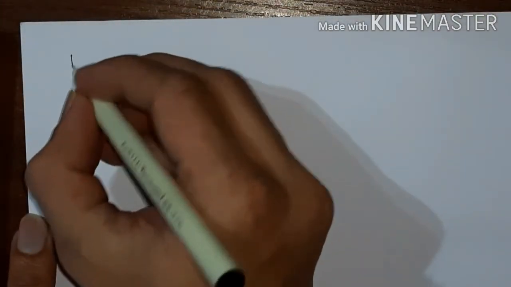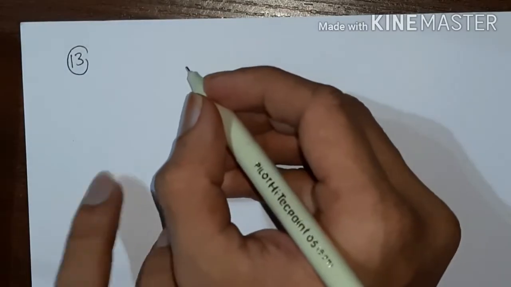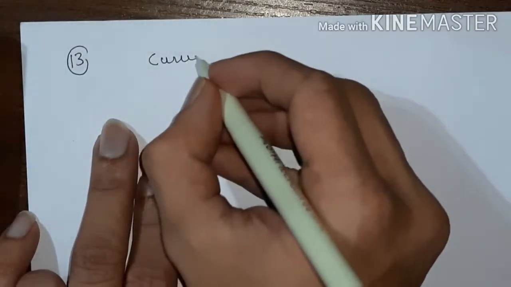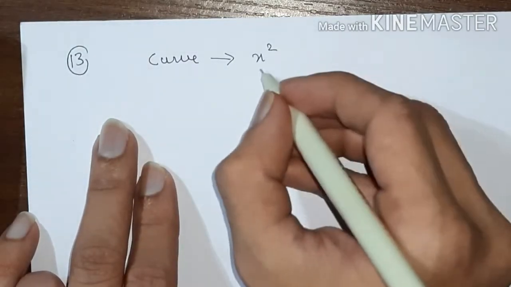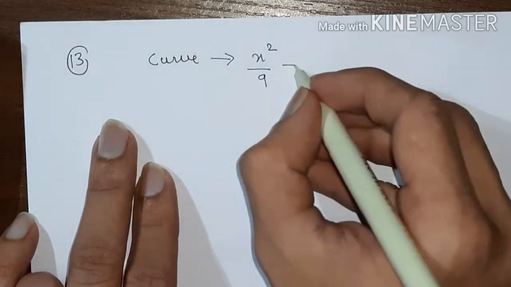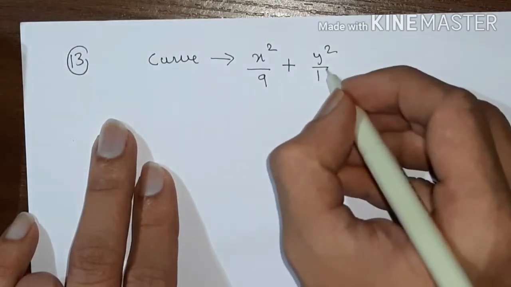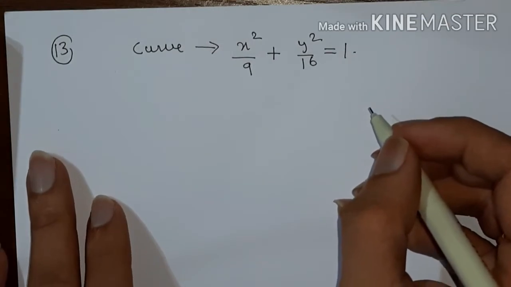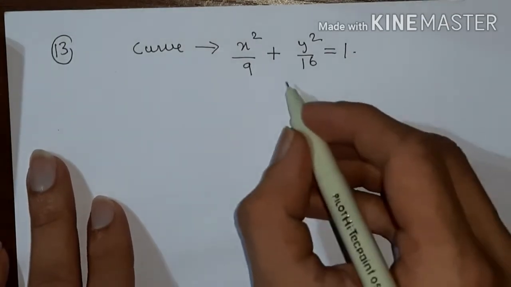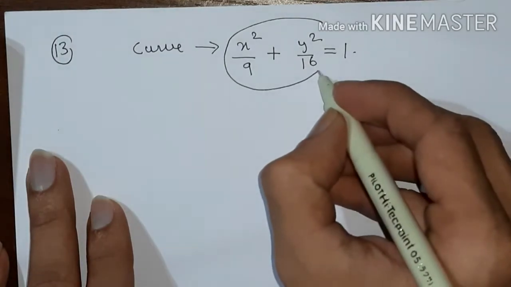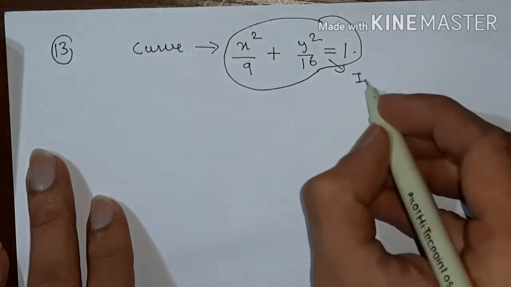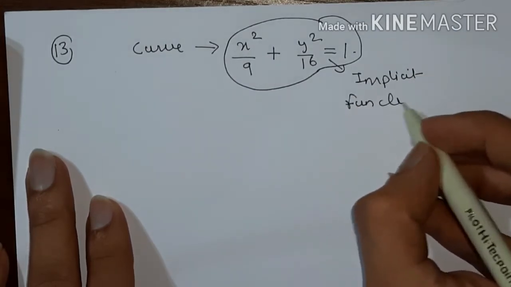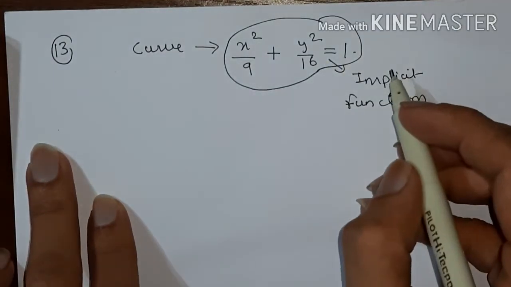So 13th, you write the given equation. The curve is given, so that is x square divided by 9 plus y square divided by 16 equal to 1. Now here you can see that this function is an implicit function, so that means you cannot write y in terms of x.